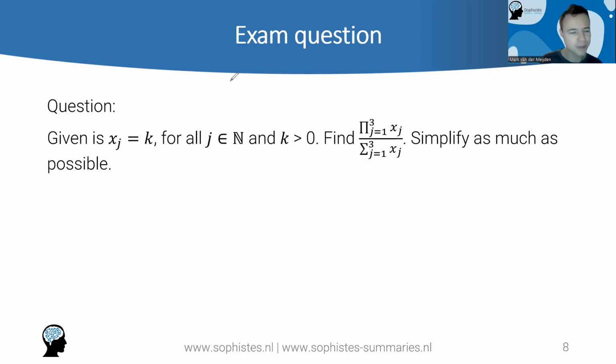So Thomas asked the question, isn't it 1 because we divide the same thing as the upper side? No, because in the upper side we have a product operator, and in the denominator we have a summation. So yeah, no worries.